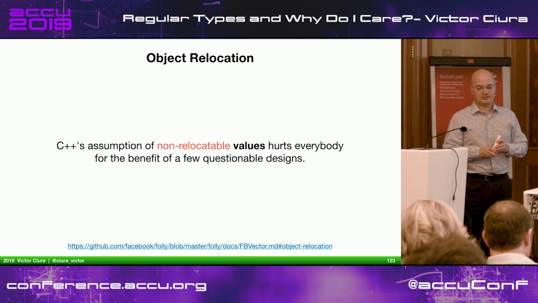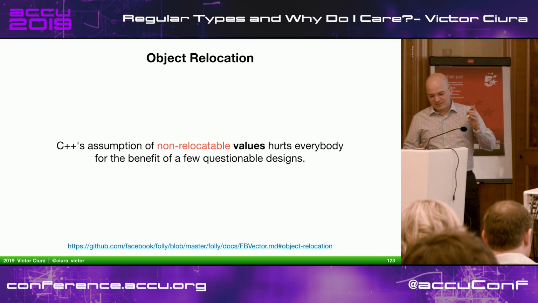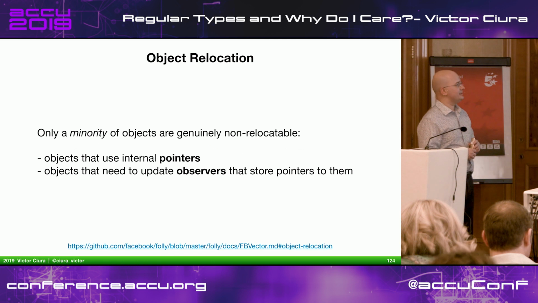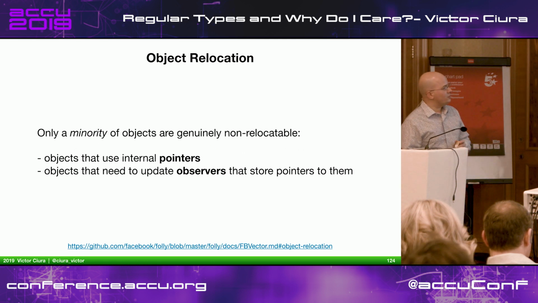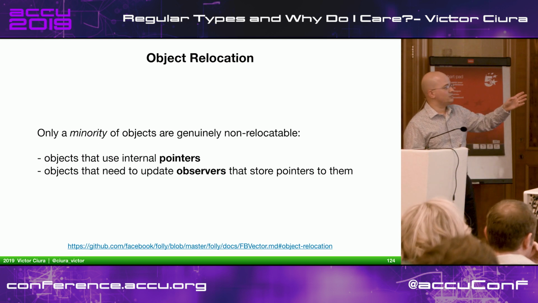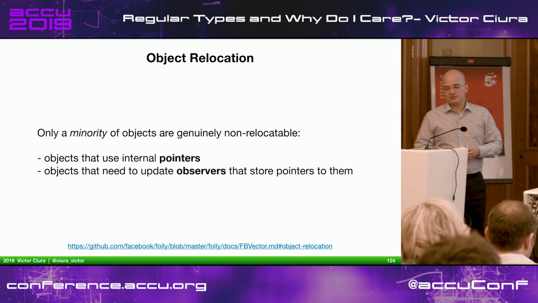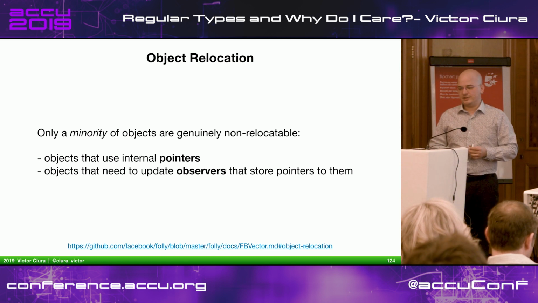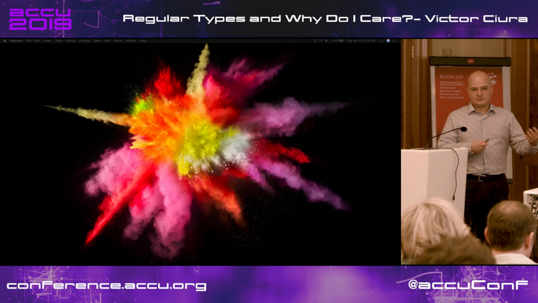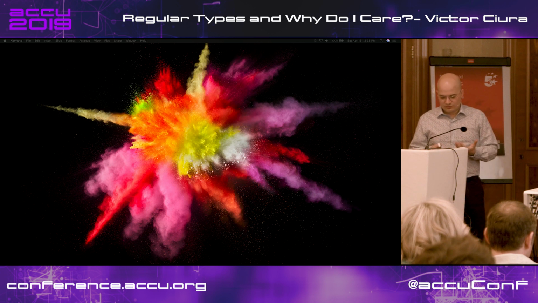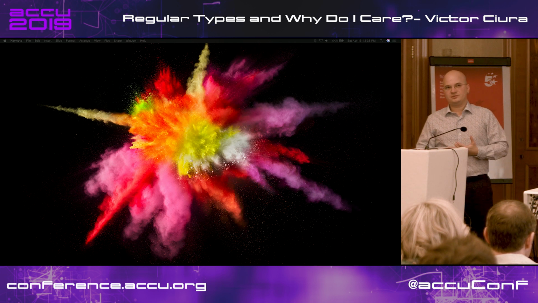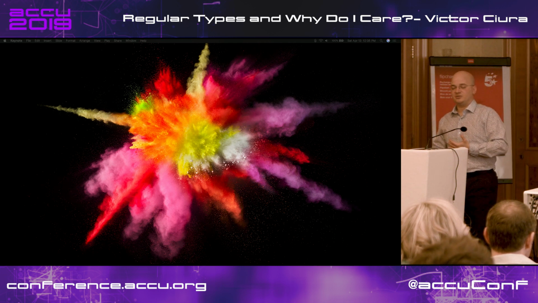If you care about performance and the implications of these things, it's sensitive. Only a minority of objects are genuinely non-relocatable: objects that use internal pointers, objects that need to update observers that store pointers to them. These would be some classes of non-relocatable objects. So this would be food for thought on actually trying to use and design relocatable types in memory.